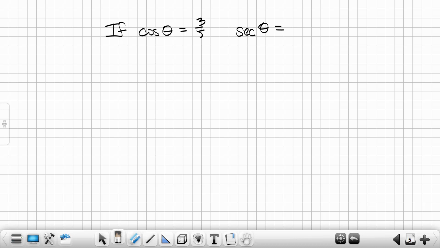If cosine theta is 3/5, Aiden's completely right. Secant of theta is... Sada. It's okay. All right. Amaya, 5/3. That's super basic, guys. If you're dealing with the reciprocal to the main one, you just flip it. That's it.